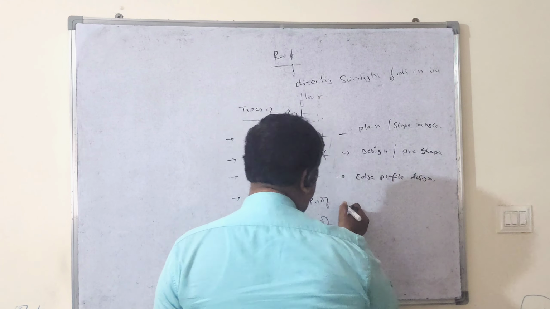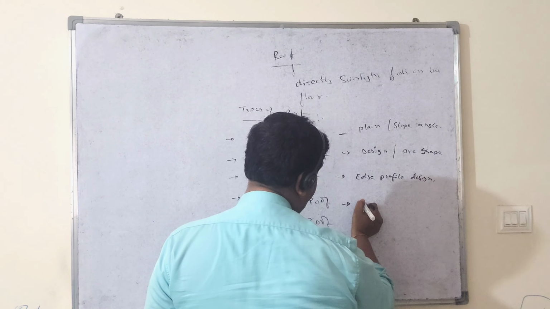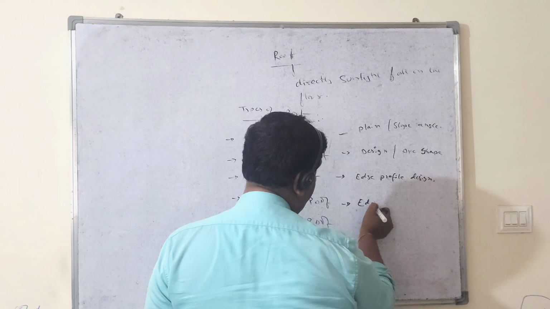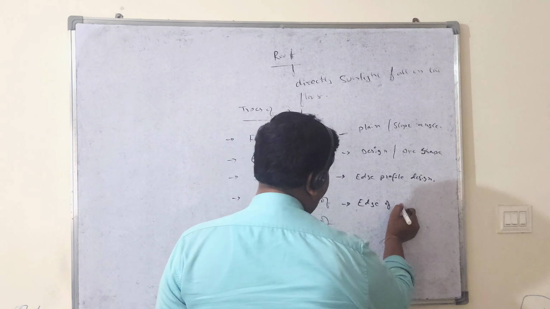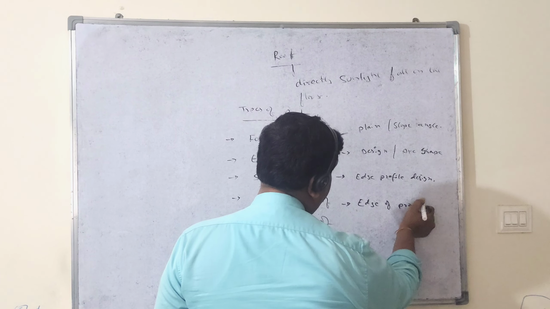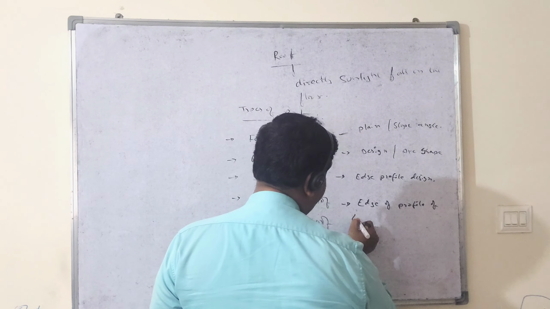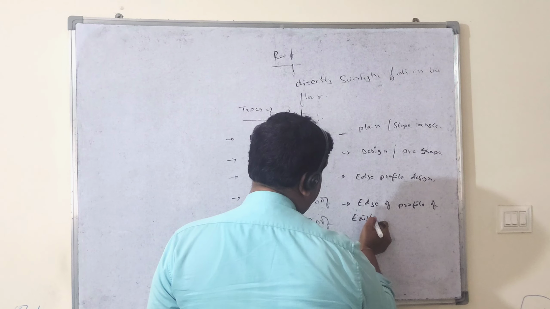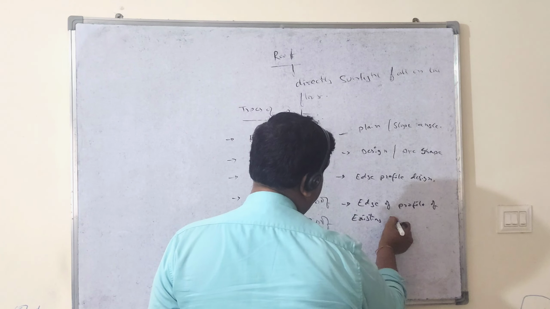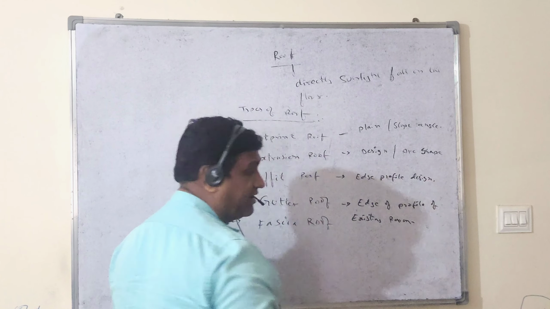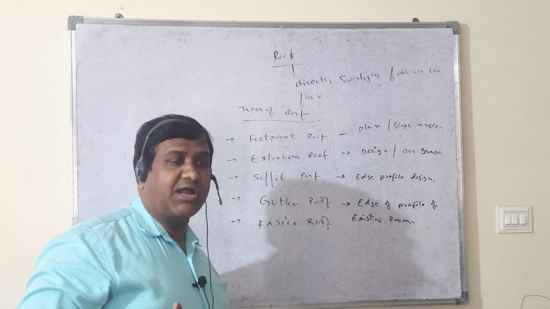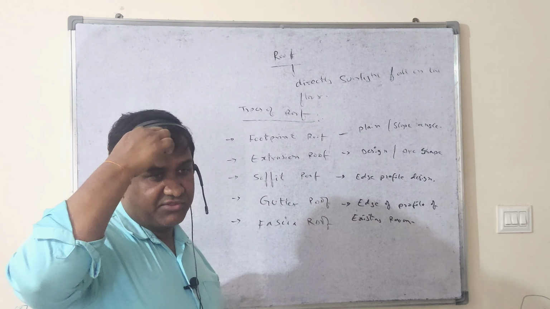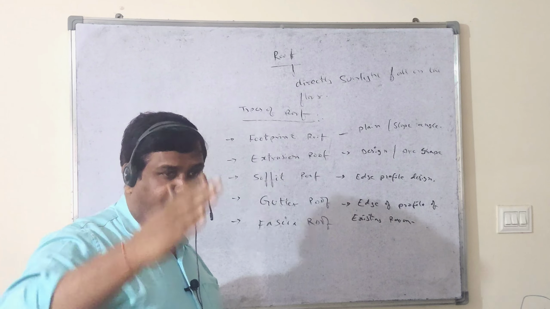And the gutter roof is also placed on the edges, on the profile of the existing roof. Gutter means when the rainfall comes, the rainwater falls directly on the roof floor.